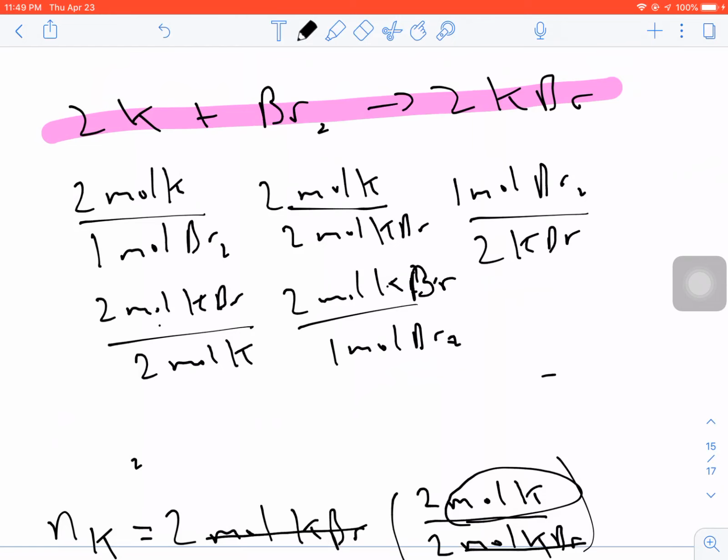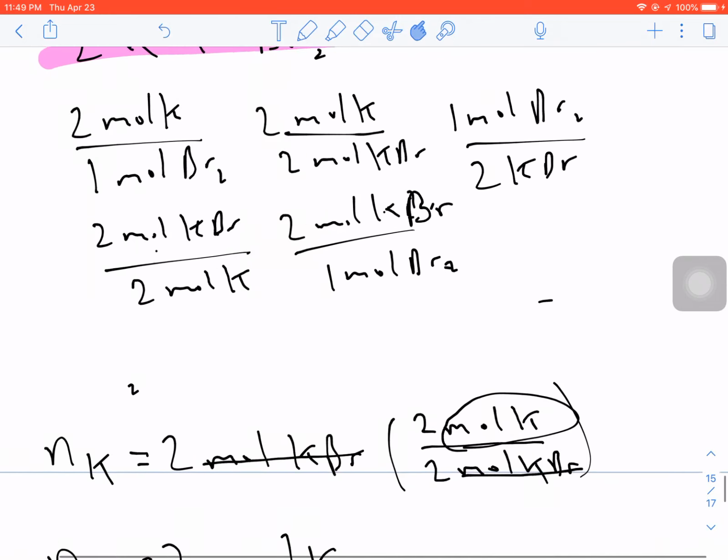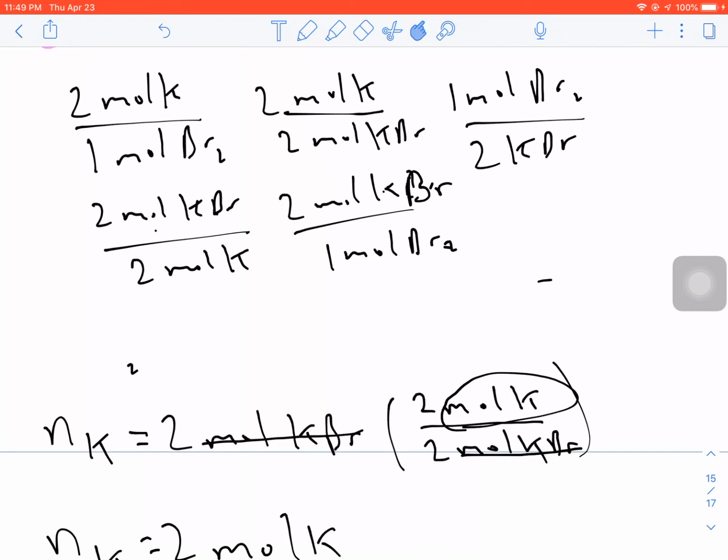Now, if I look at the question I was just doing, I'm trying to solve for the number of moles of K over here, and I'm trying to use the number of moles of KBr. So I want to have an answer that's in moles of K. So I want how many moles of K from my equation? It was 2. And I want how many moles of KBr from my equation so that I can get rid of this KBr here.